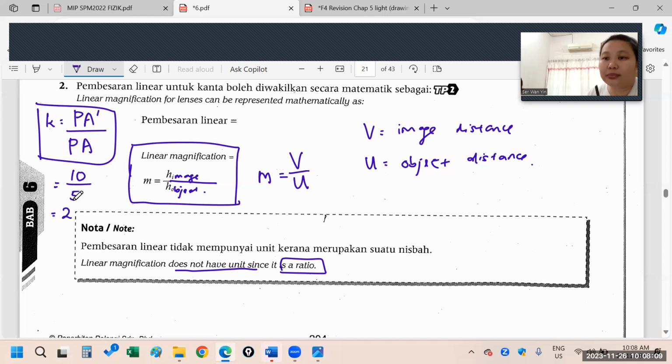So 2 times it magnified. So let's say your image is 2, then your object is 4. So now your K become what? Linear magnification would be half. What does it mean? Object shrink, object diminish.